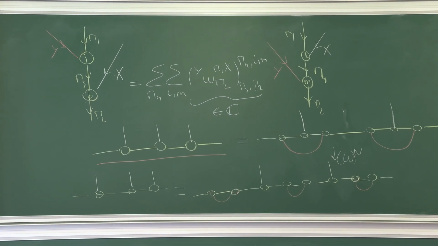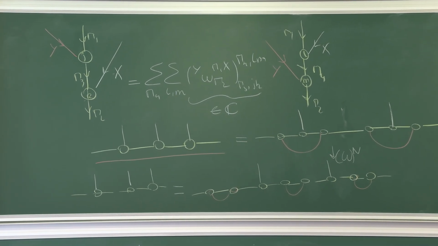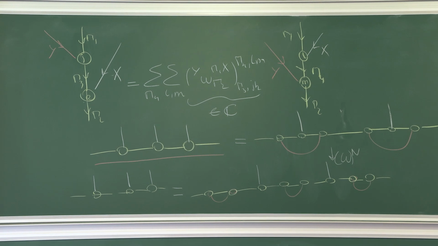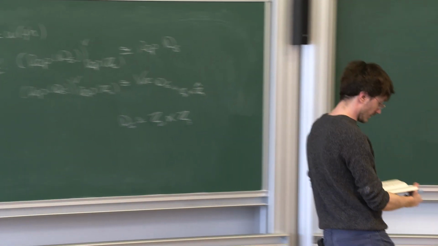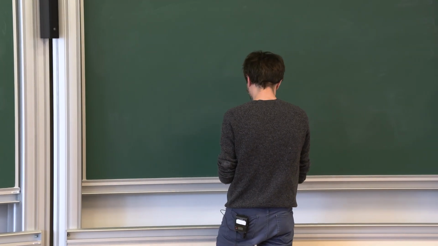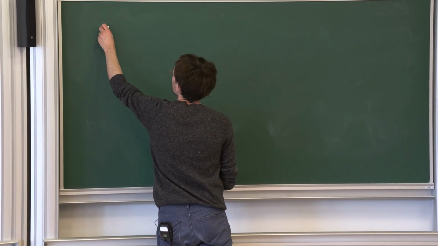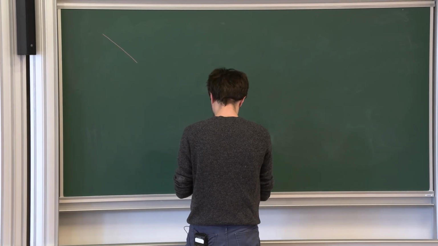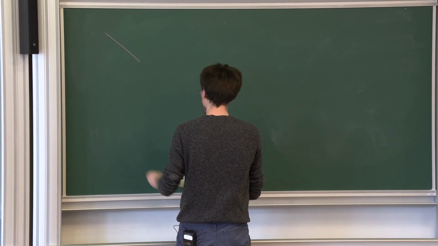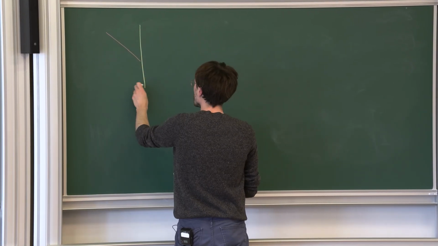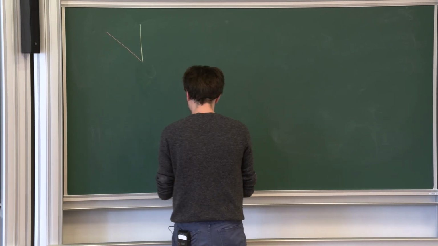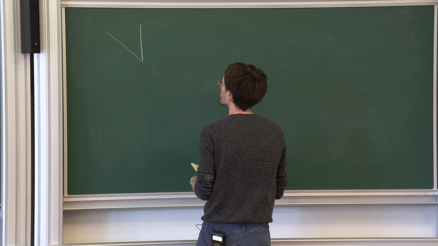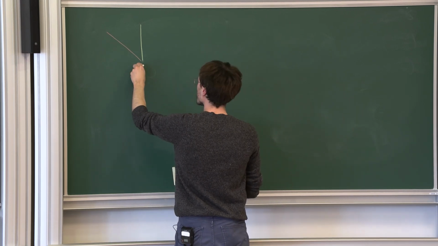I'm not going to write the Pentagon equation, but let me just do this drawing to clarify, at least to fix some colors. I'm using red for the duality operator as well, and I'm going to have to use blue again because I don't have enough colors otherwise.